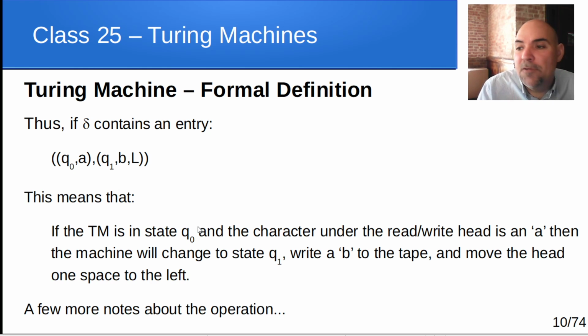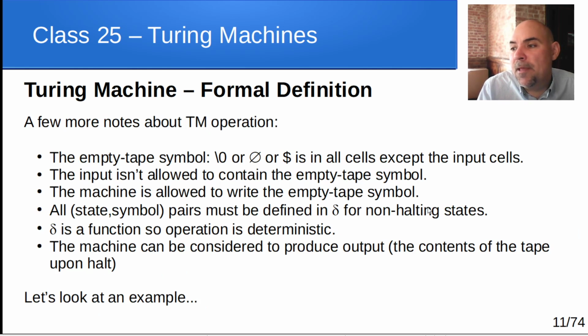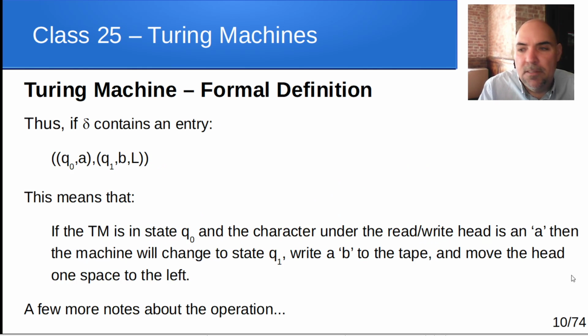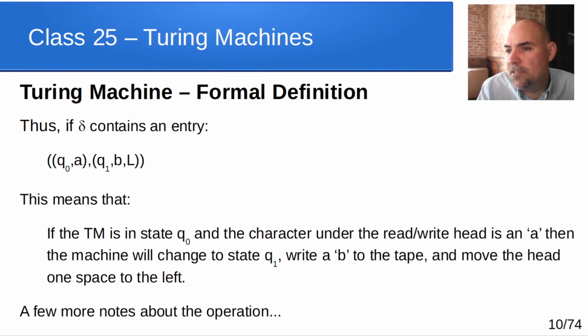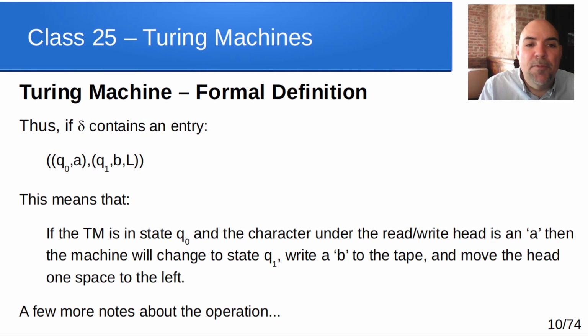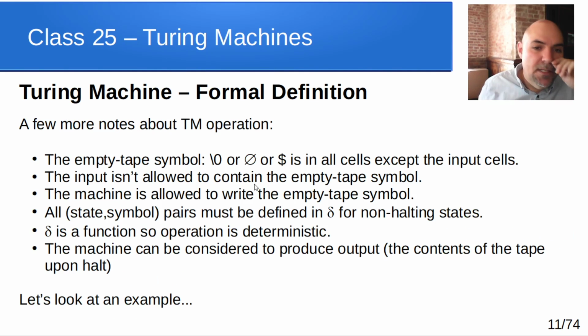All right, so a few more notes about the operation of this thing. A couple of notes about the machine: the empty tape symbol can be represented in a number of different ways depending on what book or reference you're looking at.